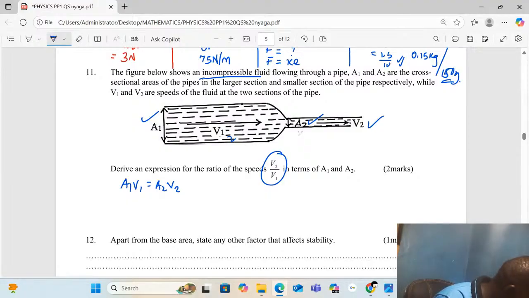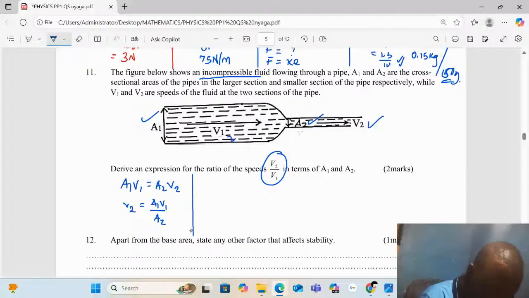So you divide through by A2 so that we can make V2 the subject. So V2 becomes A1 V1 over area 2.